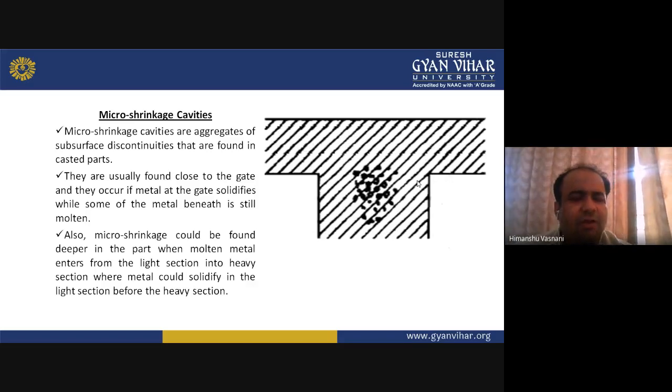So this also leads to some discontinuity. Also, micro shrinkage could be found deeper in the part where molten metal enters the light section into the heavy section, where metal could solidify in the light section before the heavy section. That is what I'm saying. After casting you will see that there was some material that had solidified earlier.